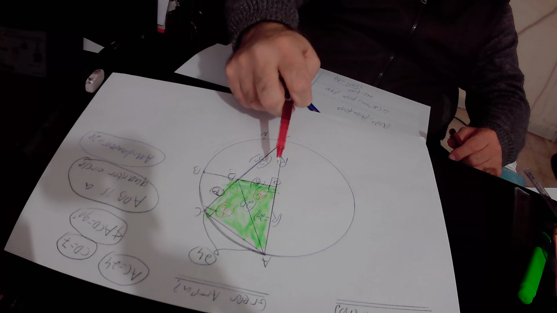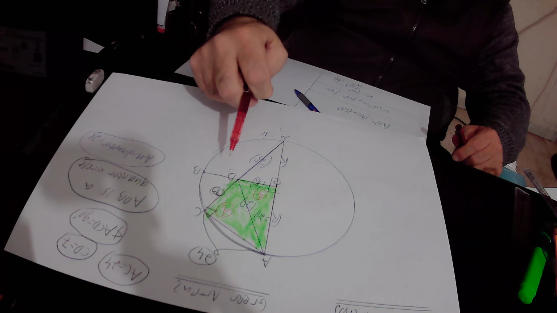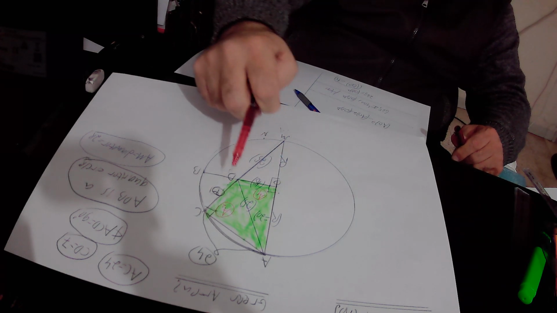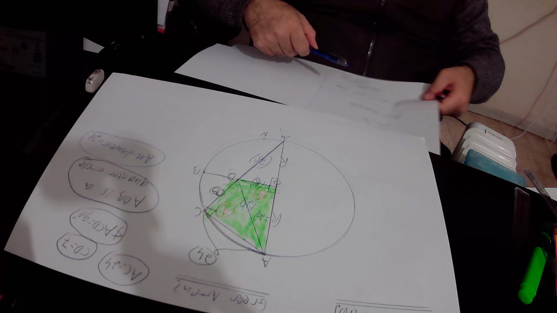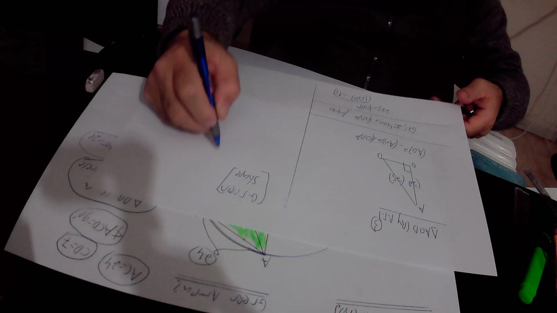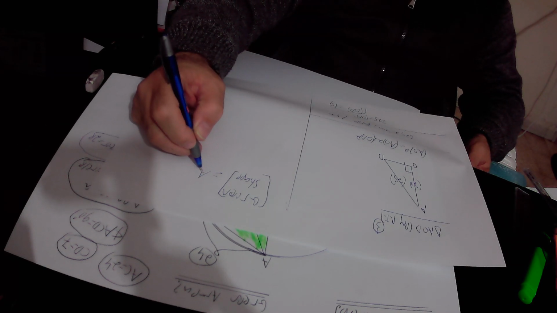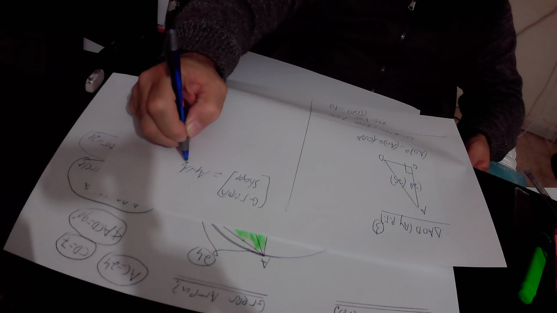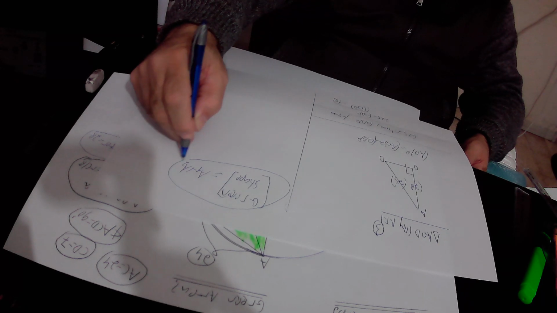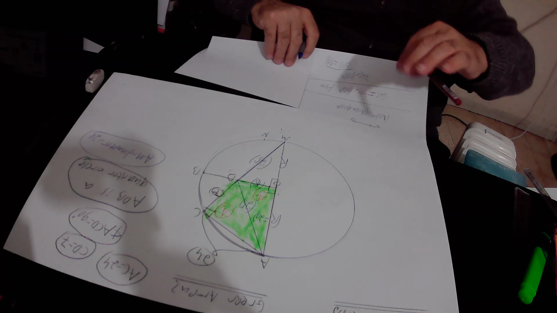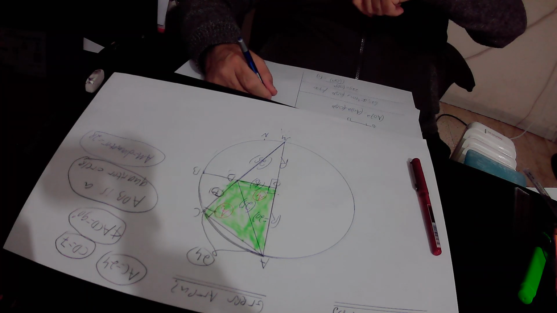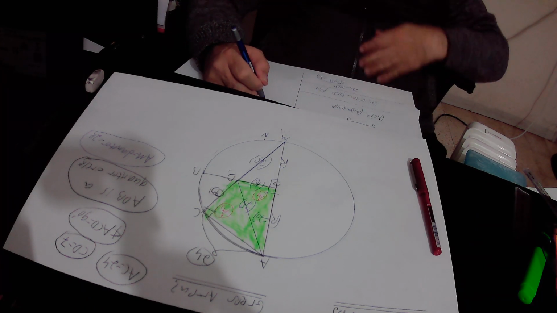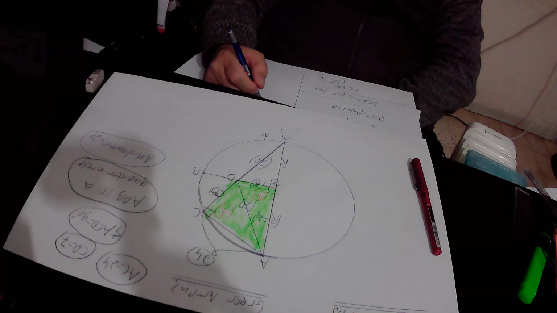So write it down: the area of the green shape in total must be equal to A1 plus A2. A1 is the area of the right triangle AOD, so I copy the right triangle AOD in a new page and we find the area of this right green triangle.